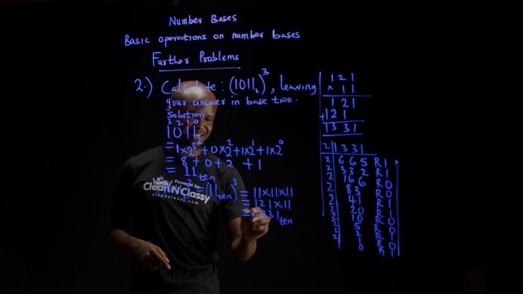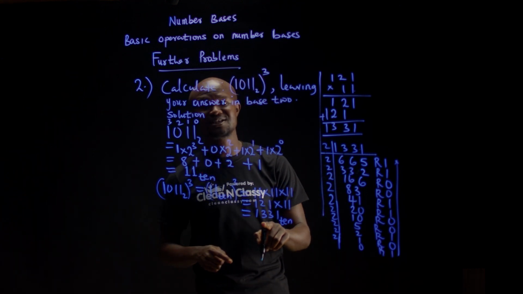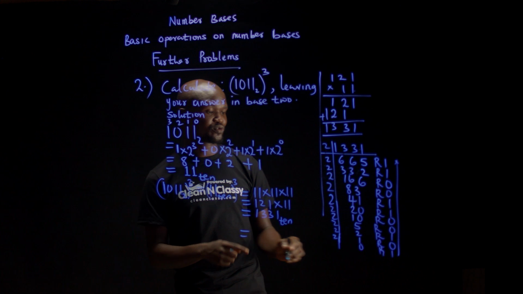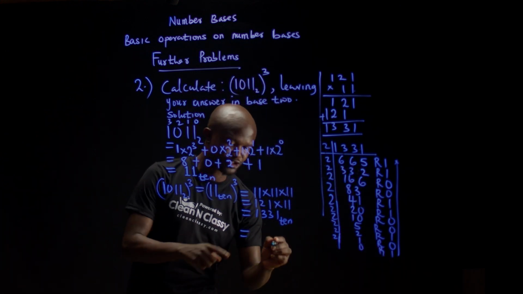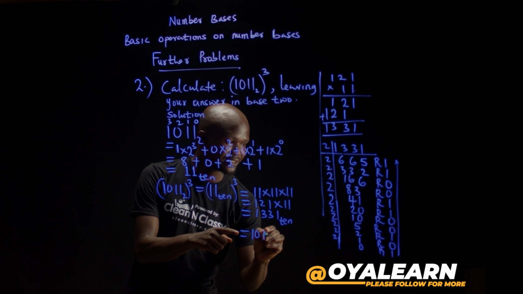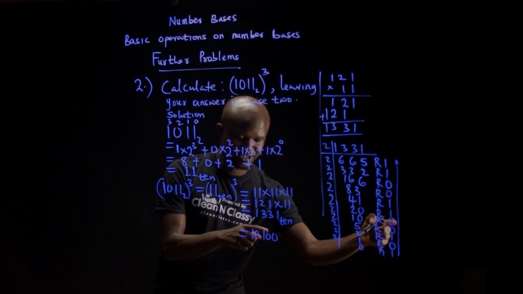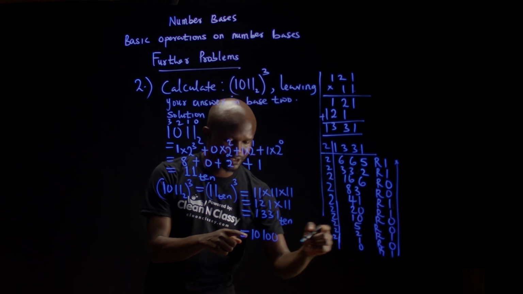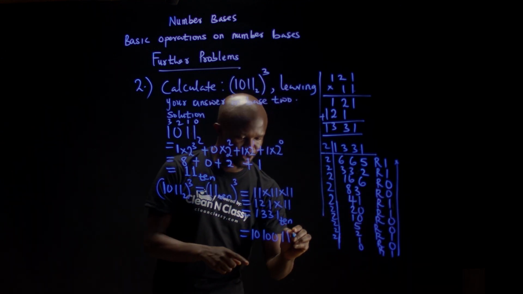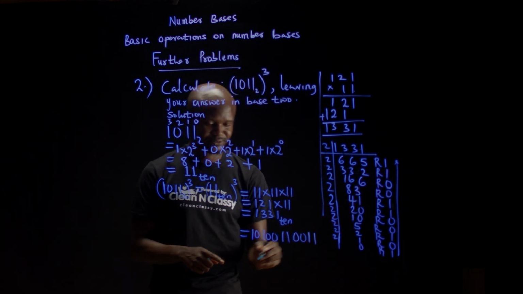So it means that converting 1331 to base 2 will give us the answer, reading from the bottom: 1, 0, 1, 0, 0, 1, 0, 1, 0, 0, then the next two, 1, 1, then 0, 0, and the last two at the top, 1, 1.